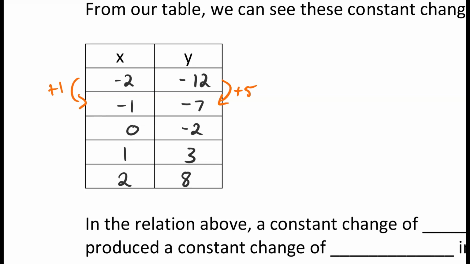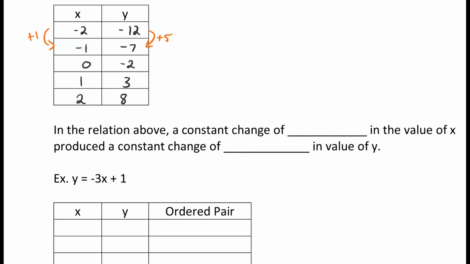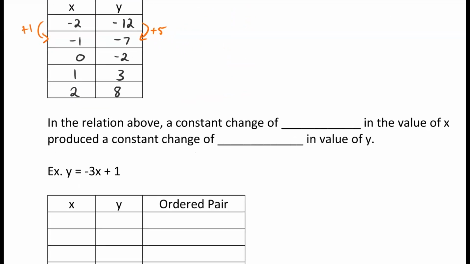So our change in x every time was +1, and our change in y every time was +5 when we were moving down the table of values. So in the relation above, the constant change of 1 in the value of x produces a constant change of 5 in the value of y.